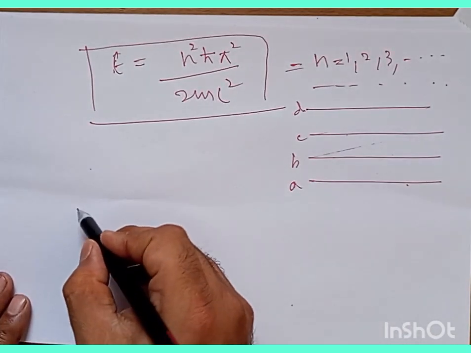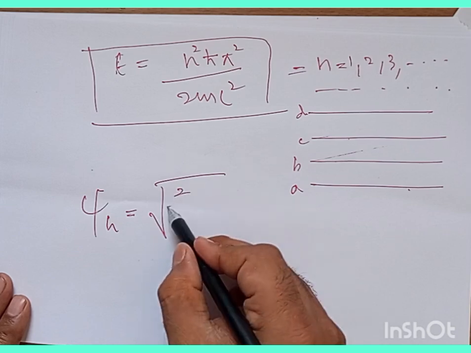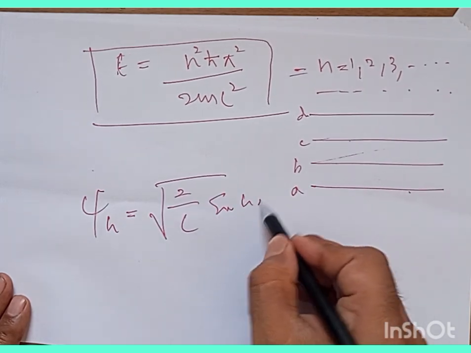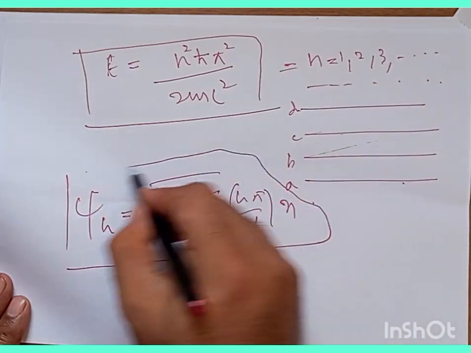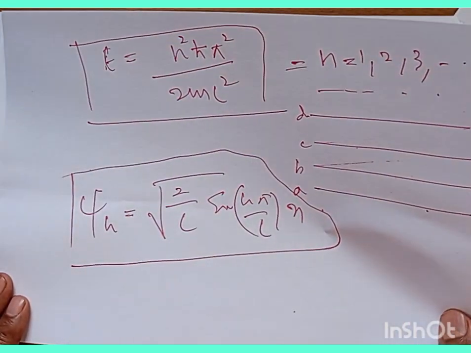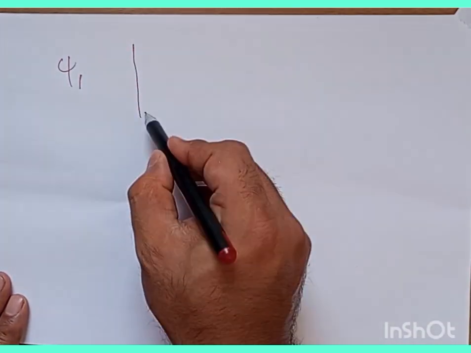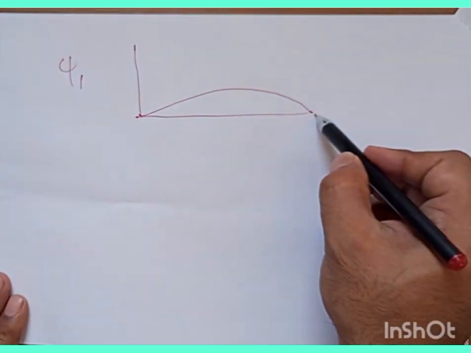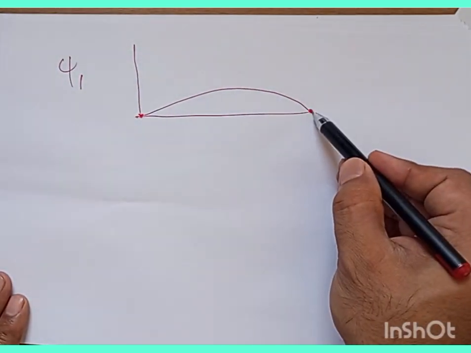Now, writing down the wave function for this problem, psi n is under root of 2 by L sine of n pi by L times x. For different values of n, we can plot this amplitude with respect to the position. Say, for example, psi 1. For psi 1, we have a plot like this. And we don't consider these two end points as nodes.